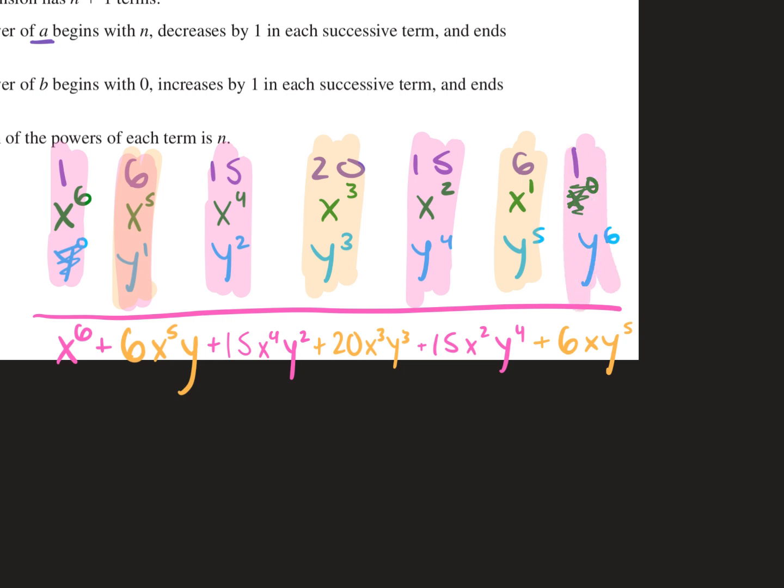And then plus y to the 6th power. So this would be our answer. Yeah, and imagine multiplying it out 6 times. Lots of room for mistakes if you do it the long way.